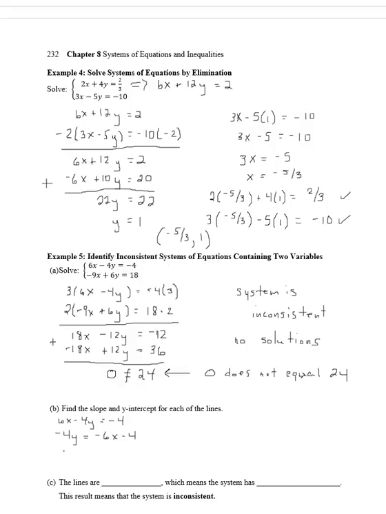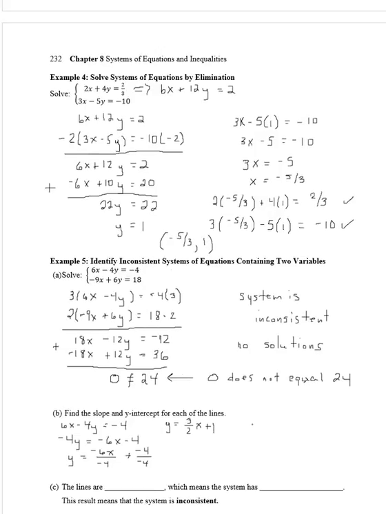Then we divide by negative 4. So y equals negative 6x over negative 4 plus a negative 4 over negative 4. Or y equals 3/2 x plus 1.